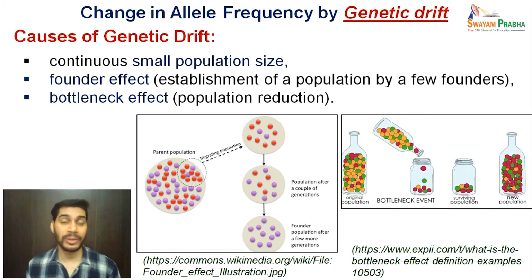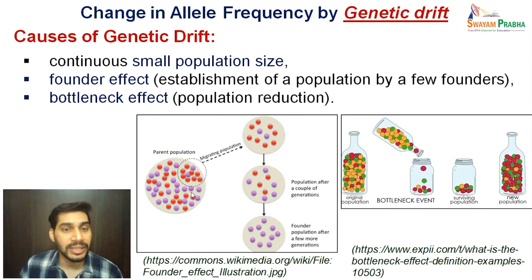Now let's try to understand these two effects and how they cause genetic drift. Founder effect is simply the establishment of a population by new founders. Let us focus on this image, which depicts the founder effect in a very illustrative way.